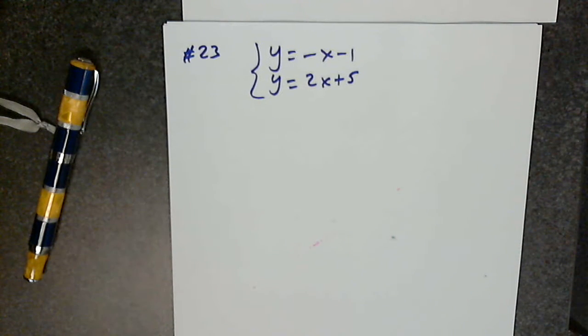We're asked to solve by graphing. However, if you want to go ahead and graph, go ahead and graph. I prefer doing the algebraic part first to make sure that I don't spend time on guessing.